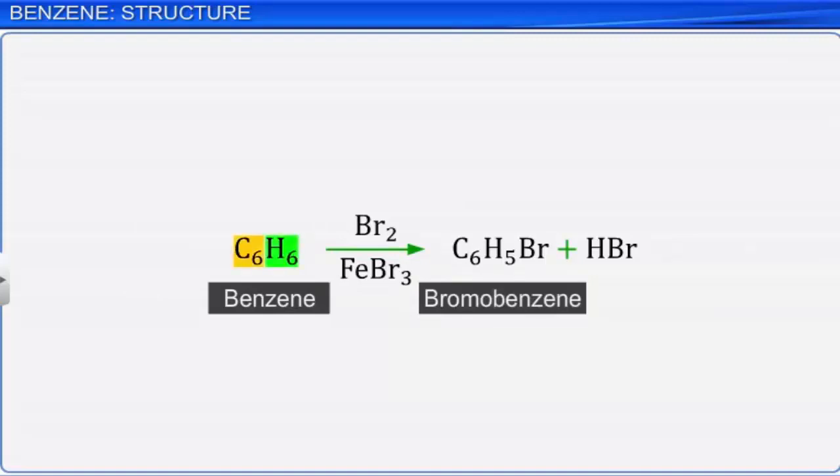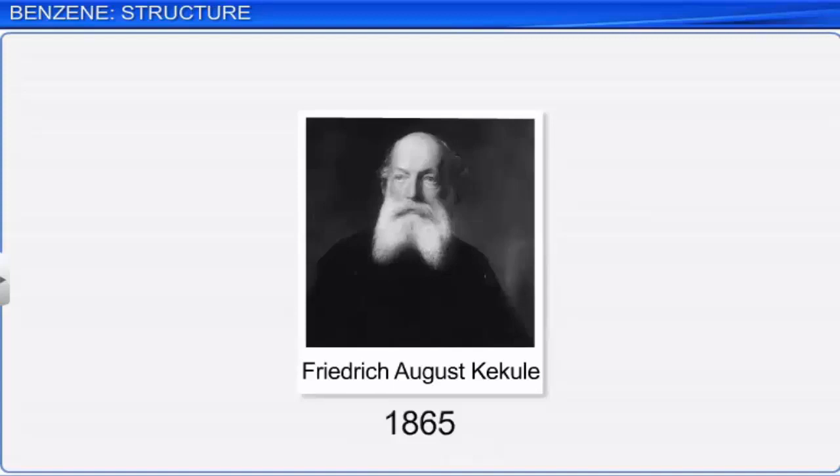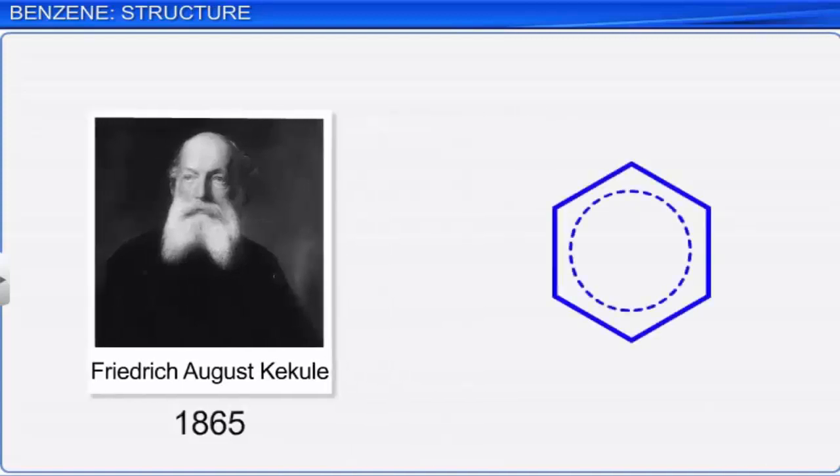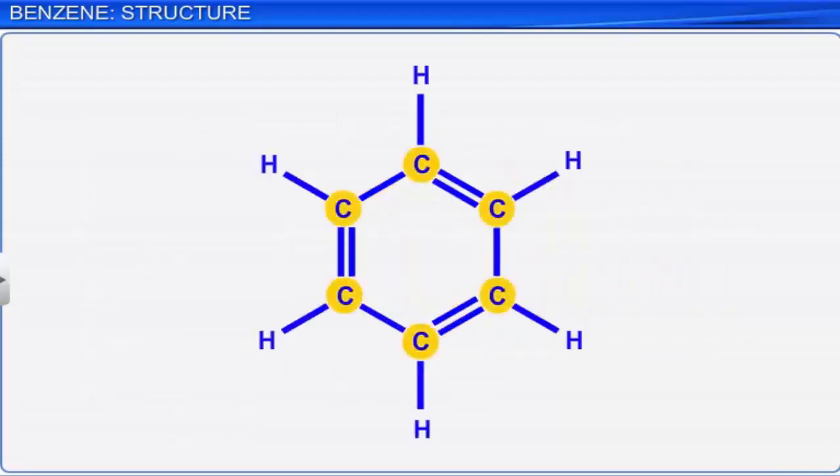On the basis of these facts, in 1865, Friedrich August Kekulé gave the first insight into the structure of benzene. He proposed a structure in which the 6 carbon atoms were arranged to form a hexagonal ring with each carbon atom carrying 1 hydrogen atom. The structure had alternate single and double bonds. The structure of benzene suggested by Kekulé is now known as the Kekulé's structure.